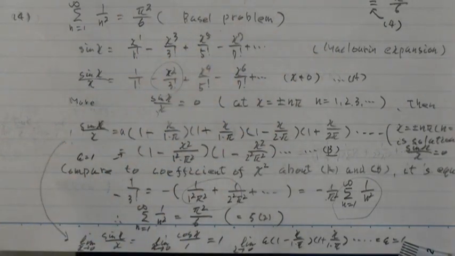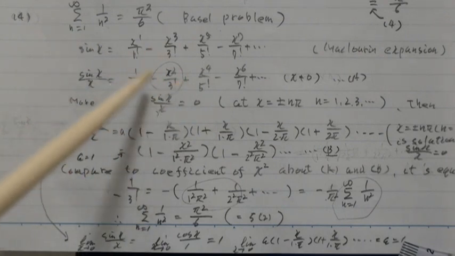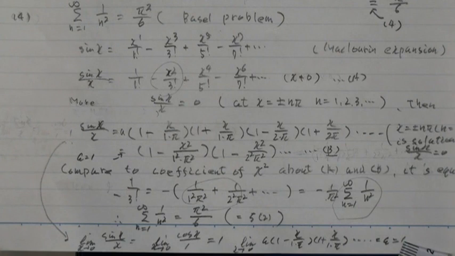Moreover, the equation sine x over x equals 0 has the solutions x equals plus or minus n pi, n equals 1, 2, 3, and so on. Sine x equals 0, then this equation has the solutions x equals plus or minus n pi.